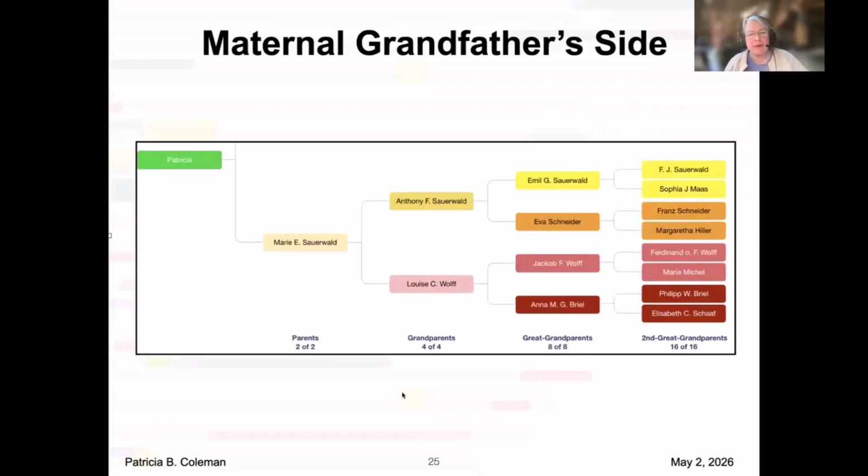Now we're going to move to my mother's grandfather's side. This one is kind of exciting to me because for my entire life, and as far as anybody else in the family, we did not know past Emil and Ava, my great grandparents. We did not know who their parents were.